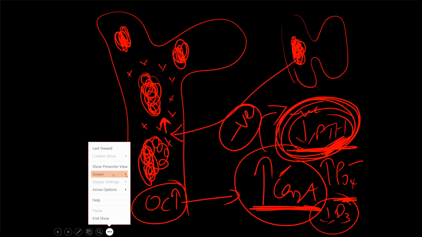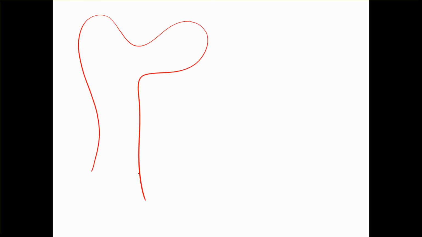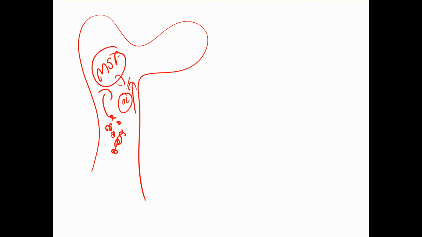Let us discuss another case. So again we will take a bone tumor which comes as a marrow tumor, which is called multiple myeloma. This multiple myeloma secretes a lot of growth factors. This growth factor stimulates the osteoclast cell, increasing the osteoclastic activity.